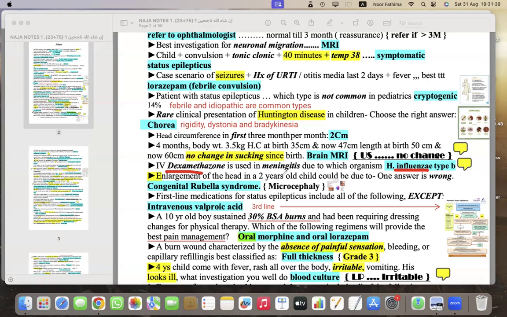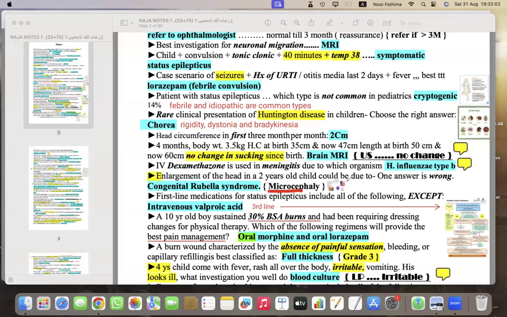Enlargement of head in a 2 years old child could be due to, we have to check for the causes. One answer is wrong. I think congenital rubella syndrome will give microcephaly, not macrocephaly. So this is the wrong answer.